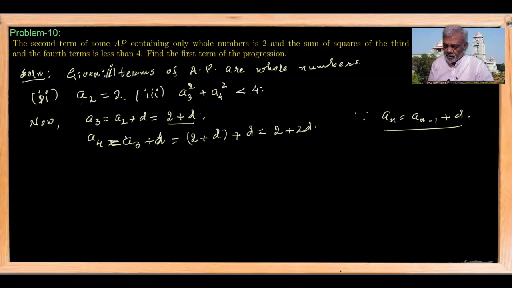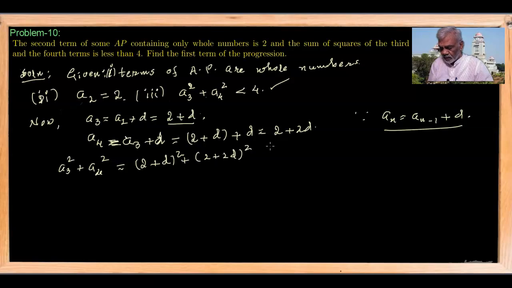Now, by the third condition given, A3 square plus A4 square is equal to 2 plus D whole square plus 2 plus 2D whole square is less than 4.